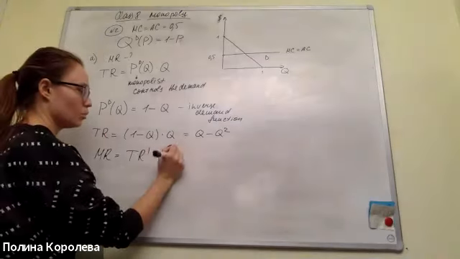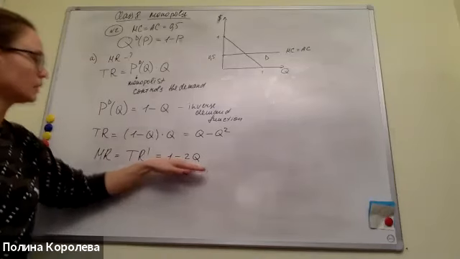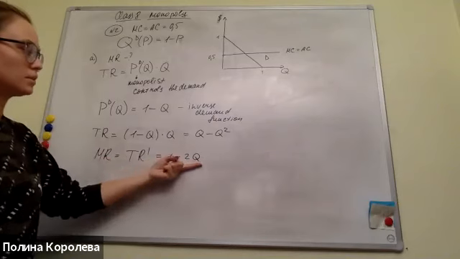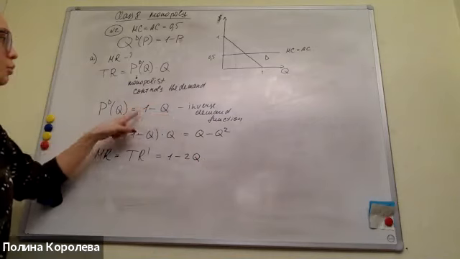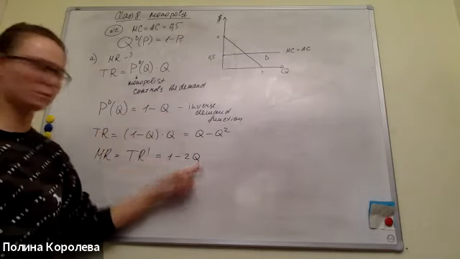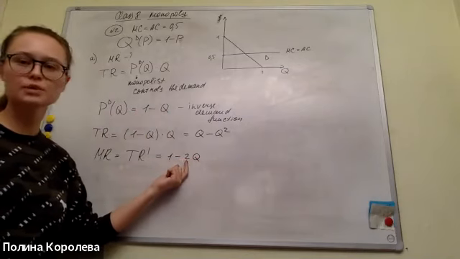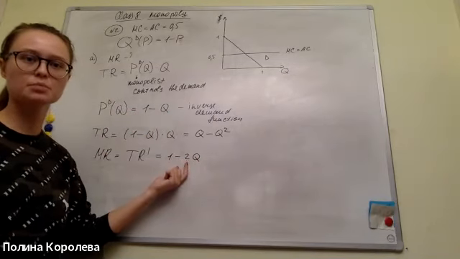This will be 1 minus 2Q. And you see that marginal revenue is a little bit similar to the inverse demand function. In inverse demand function, 1 minus Q, and here 1 minus 2Q. So also a linear function with negative slope, but the slope is 2 times steeper.